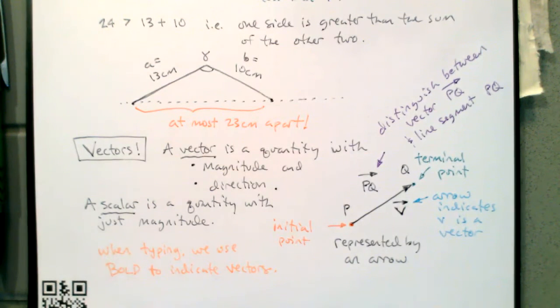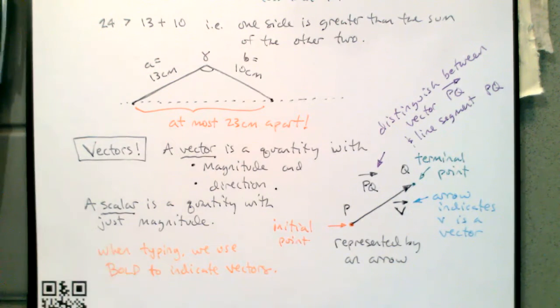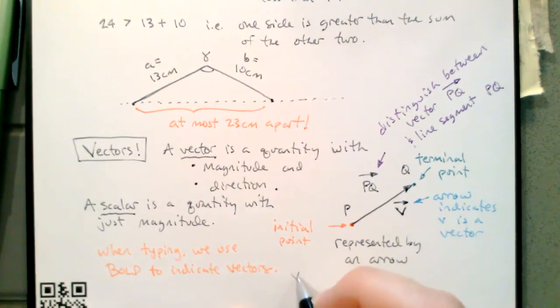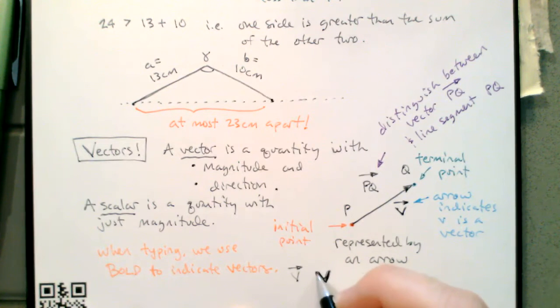So when we're typing, we use boldface to indicate vectors. Instead of writing v with an arrow over it, we write a boldface V. And then you can see why we don't do this when we're writing.